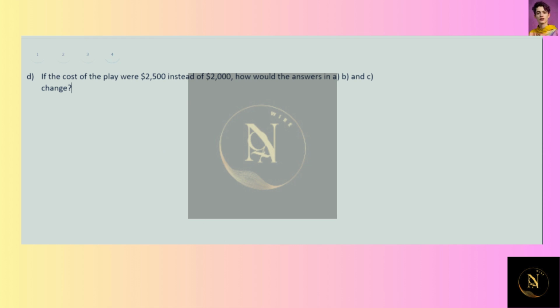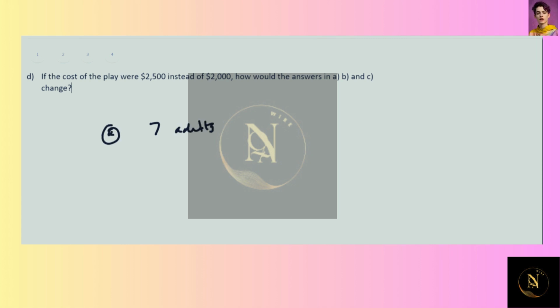Last part of the question says, if the play costs $2,500 instead of $2,000, how do the answers in A, B, and C change? Well, the answer in A would be, we would still charge $7 for adults.